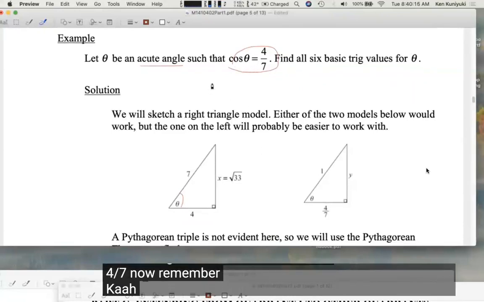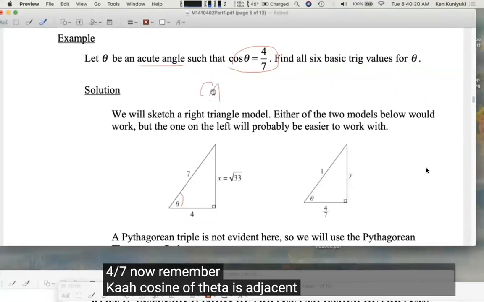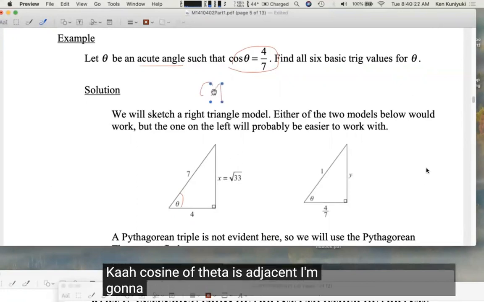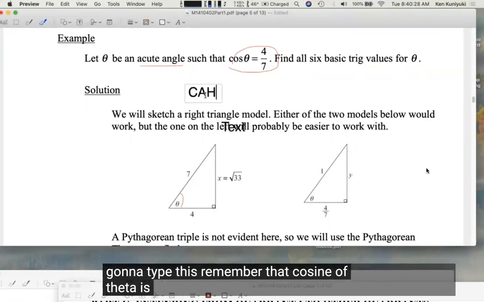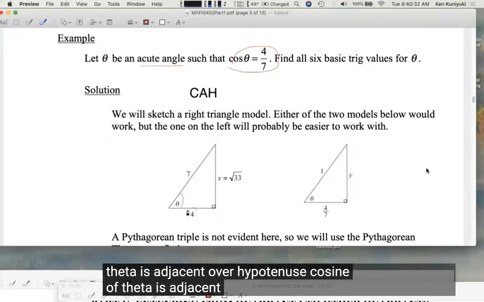Now remember, cosine of theta is adjacent over hypotenuse.